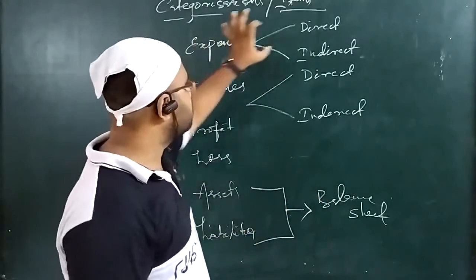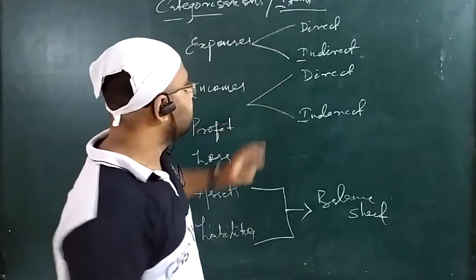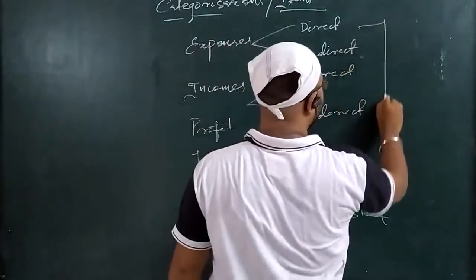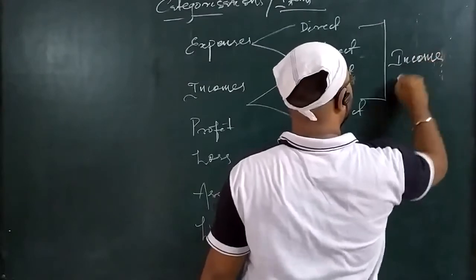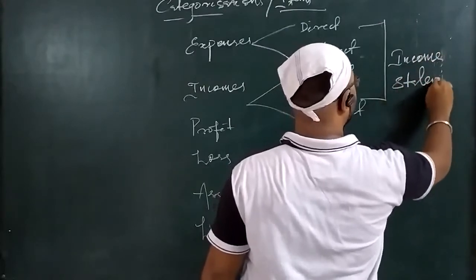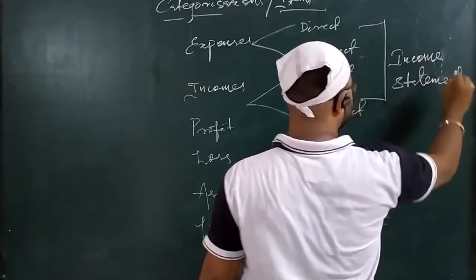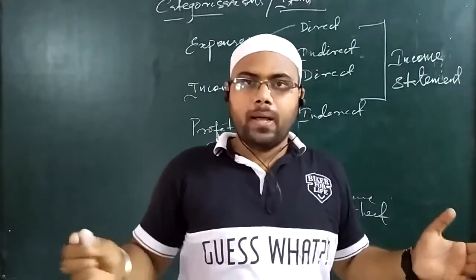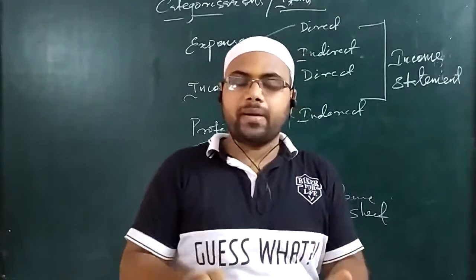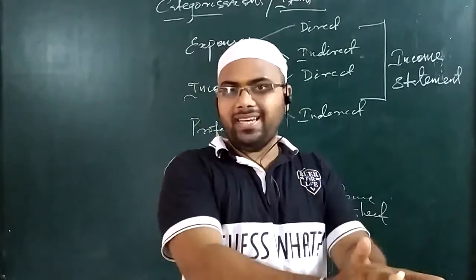So expenses 2 types, incomes 2 types. These 2 things are helpful for preparing the income statement, that is the trading and profit and loss account. The merger of these 2, trading and profit and loss account, is combinedly called an income statement.